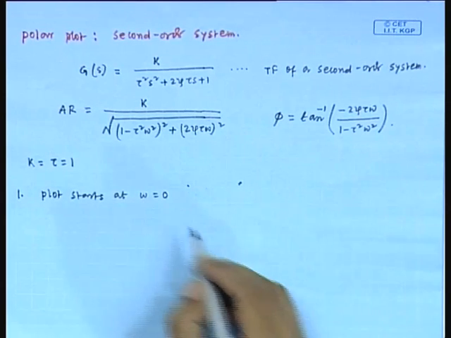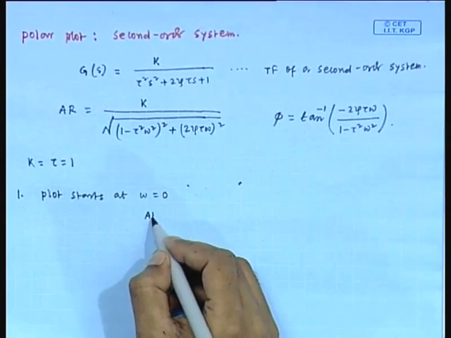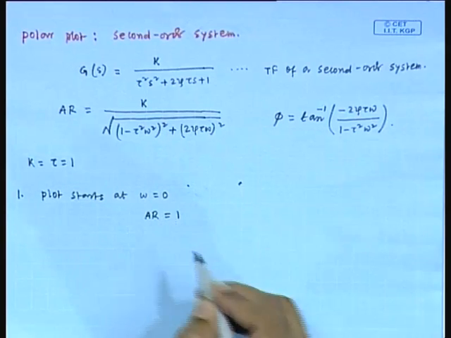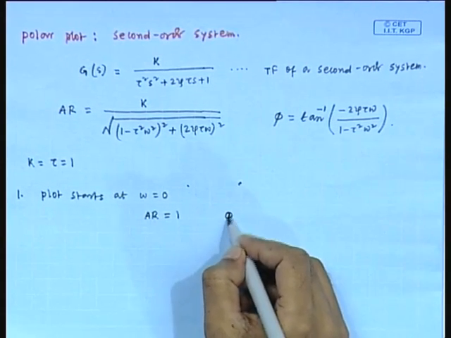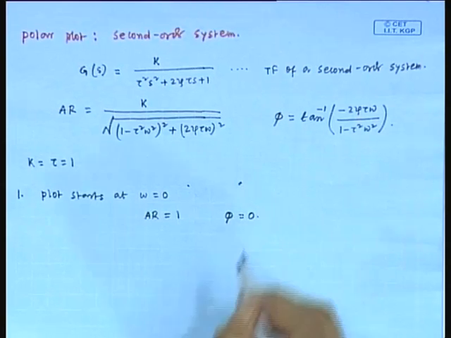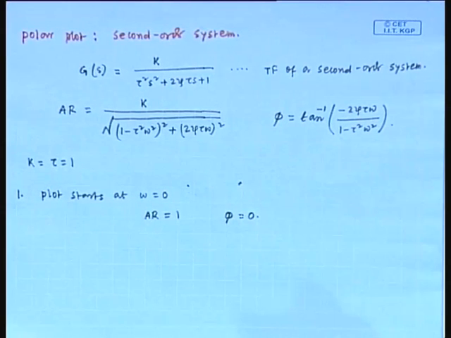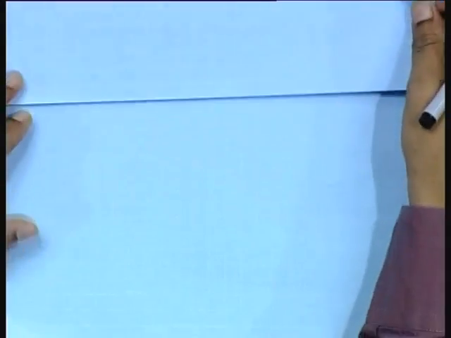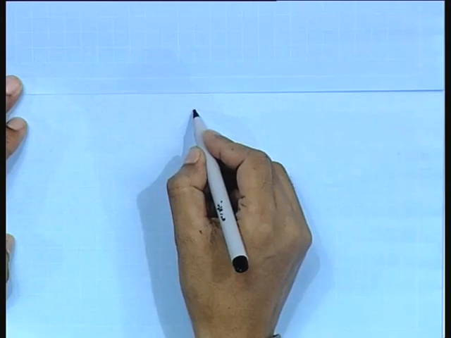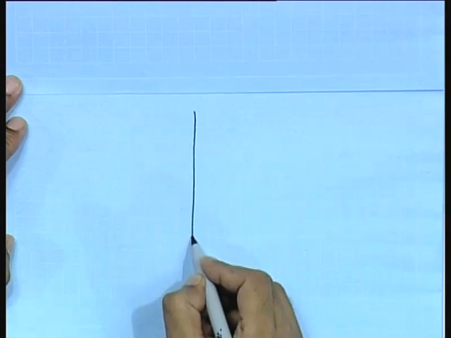What is the corresponding amplitude ratio? 1. How much is phi? Phi is 0. When omega is equal to 0, amplitude ratio becomes 1 and phi becomes 0. Now, we will locate the starting point in the complex plane.